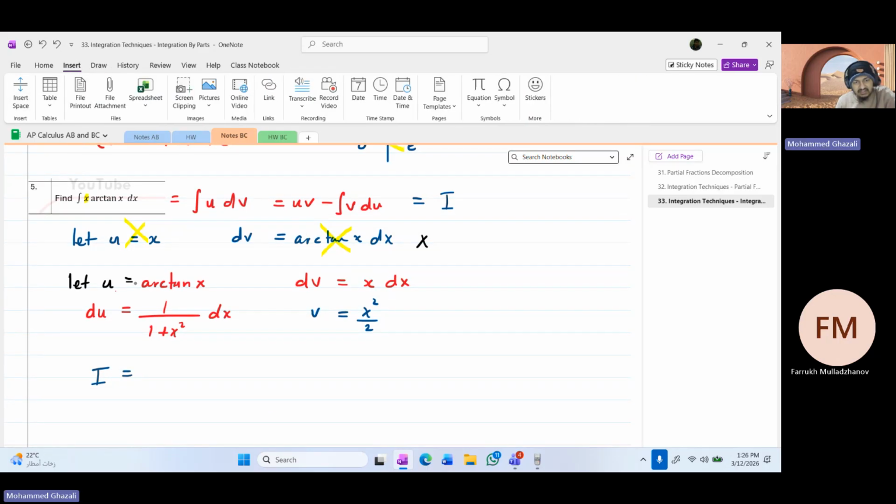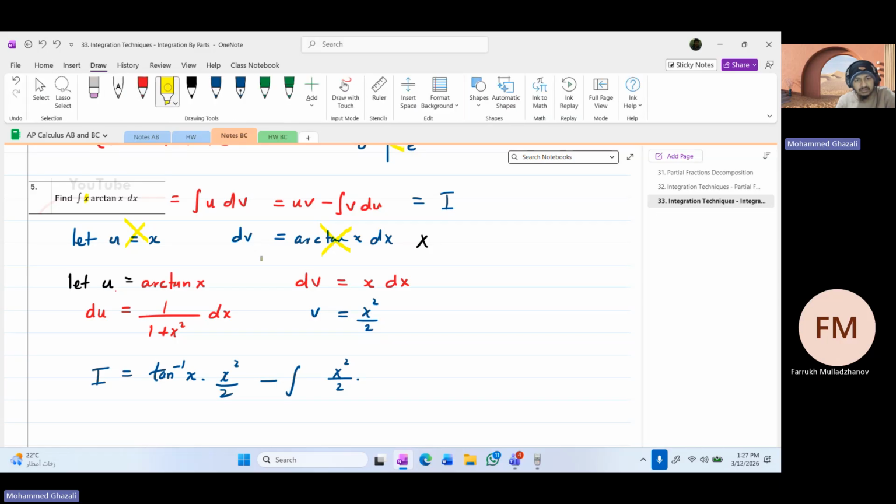What is uv? u times v is tan inverse x, it's the same thing as arctan, times x squared over 2, minus the integral of v du. v is x squared over 2, times du, which is 1 over 1 plus x squared dx.